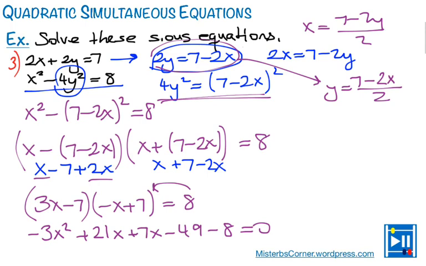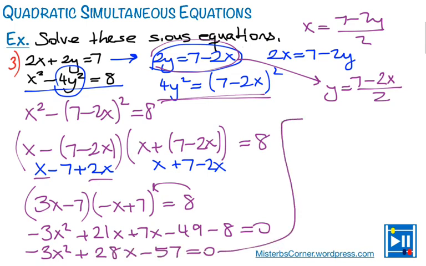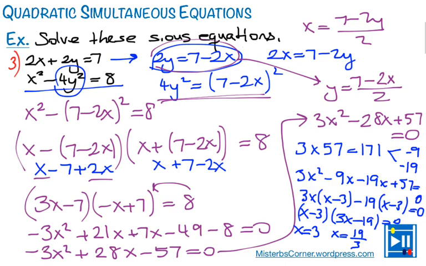So that's minus 3x squared plus 28x minus 57 equals 0, which will be 3x squared minus 28x plus 57 equals 0 when I arrange the signs. And from here, if you solve the equation, you get x equals 3, x equals 19 over 3.